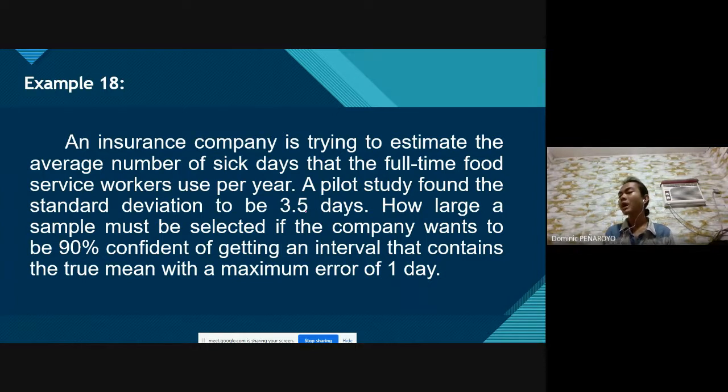So our given, the standard deviation or the sigma is 3.5. Our z alpha over 2, since it is 90%, is 1.645. And the margin of error, since meron tayo ditong sinabi naman sa problem that the maximum error is 1 day, so that would be 1.